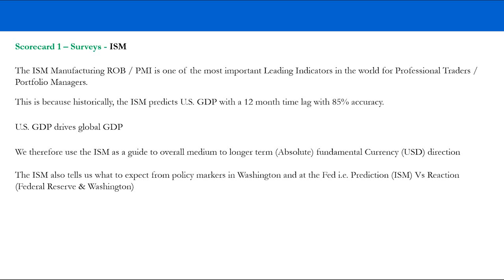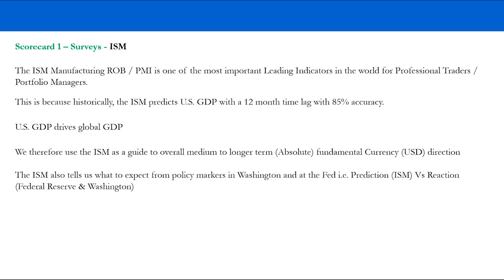And the ISM, the report on business, the PMI, is overall one of the most important leading indicators in the world for professional traders. Historically the ISM has predicted US GDP with a 12-month time lag with 85% accuracy since data began.